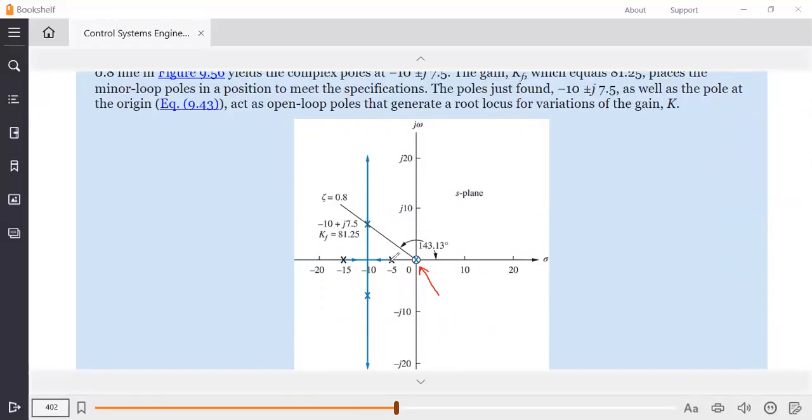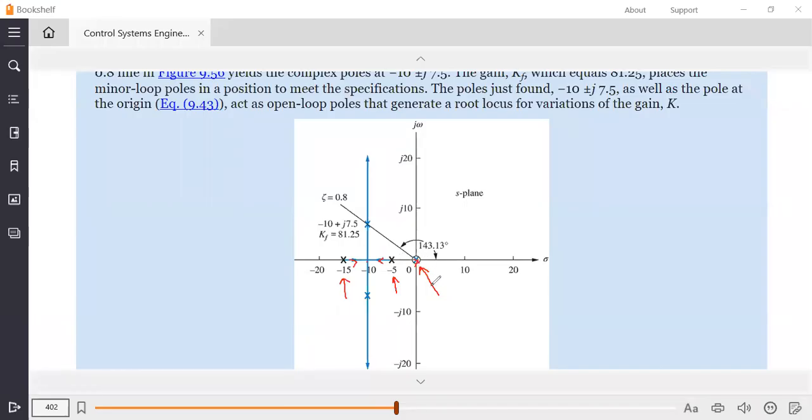Then you have one pole at -5 and another pole at -15. Since their effect is nullified, we can consider there are only two poles. They merge together in the middle, one going upwards and the other going downwards.